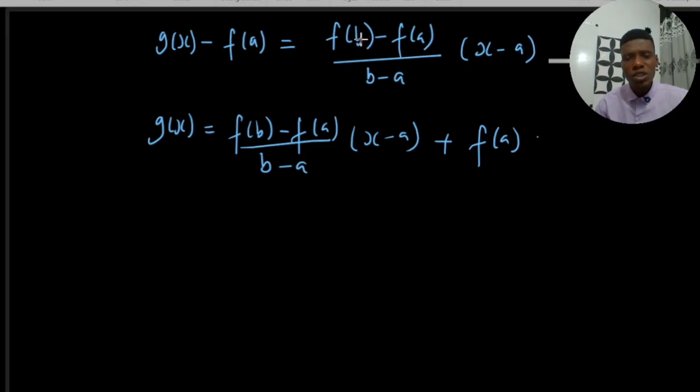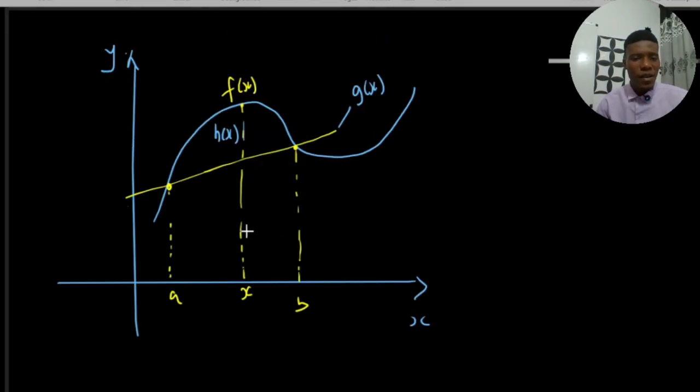Let's go back to the graph. We have already said that h of x is the vertical distance between f of x and g of x. So it is safe to say that h of x is the same thing as f of x minus g of x, the vertical distance.